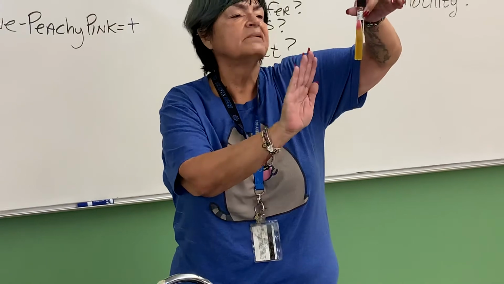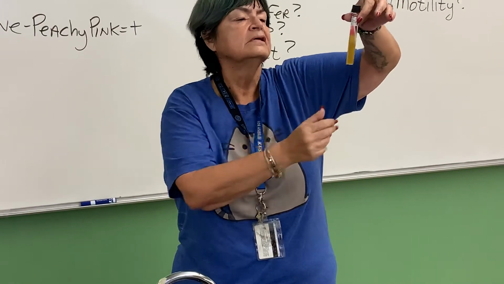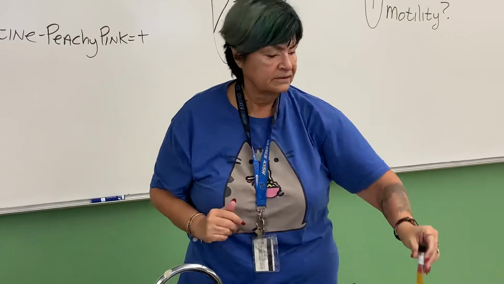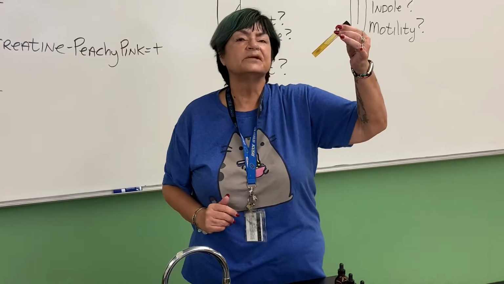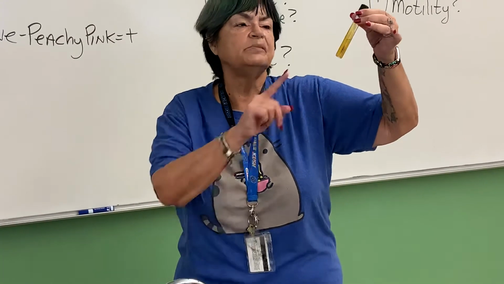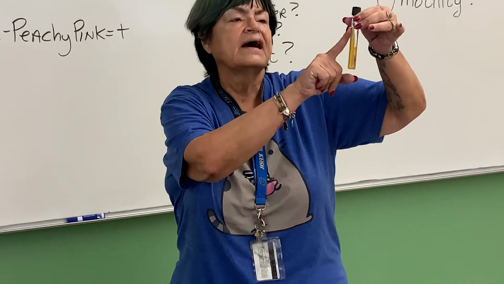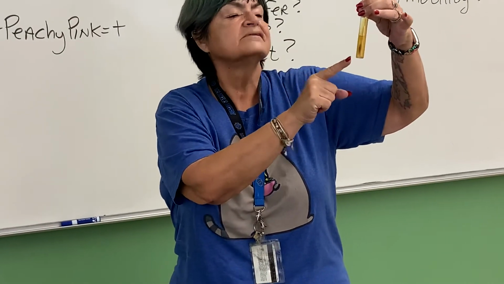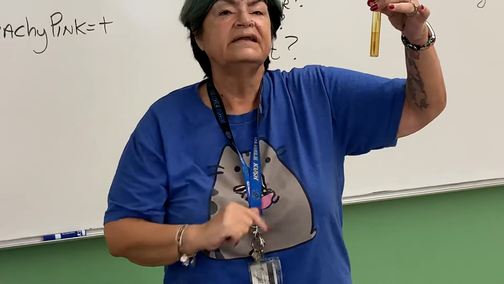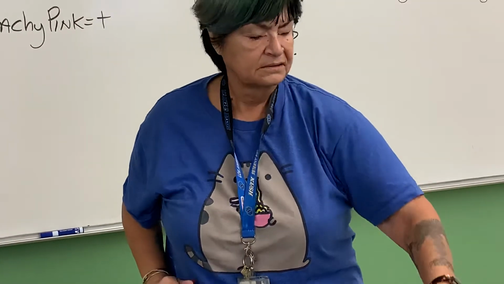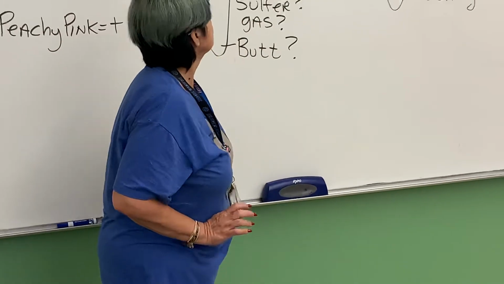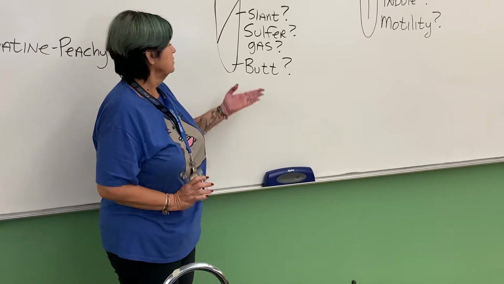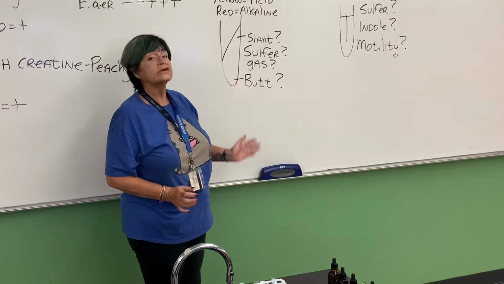I don't see any black, no sulfur, no gas. And I don't know if you can see this one, but see a little bit of black in there? So this one would be acid butt, acid slant, positive for sulfur, negative for gas. So basically the question on the final is, how do you read a TSIA slant? You start at the bottom, work your way up.